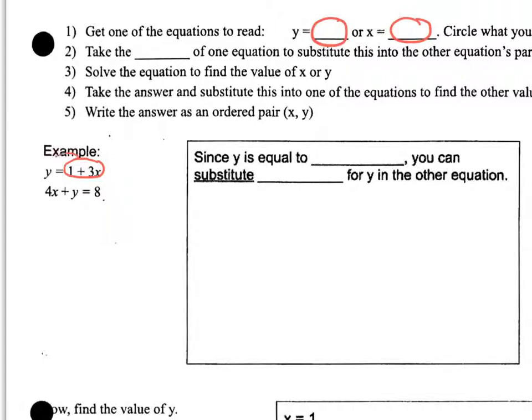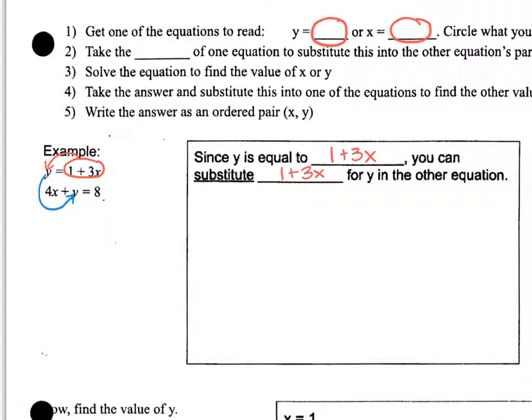So that means that since y is equal to 1 plus 3x, we can substitute that, the 1 plus 3x. I'm going to write that again. We can substitute 1 plus 3x for y in the other equation. Take a look at where I'm drawing my arrow. Since 1 plus 3x is equal to y, I'm going to put that into the other y.